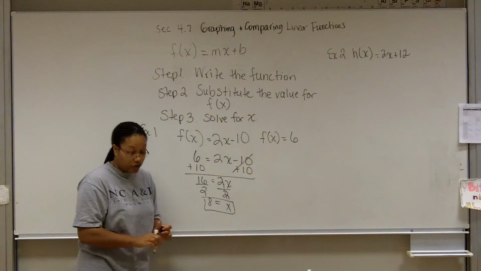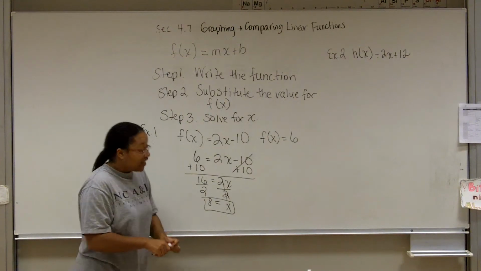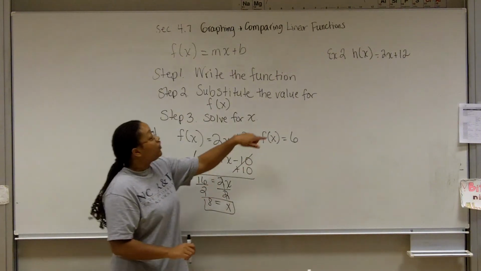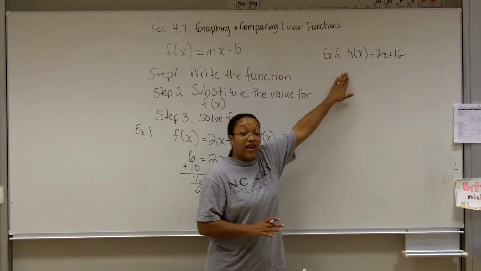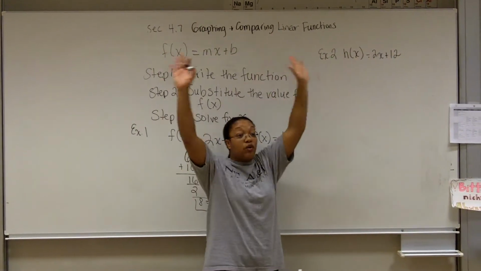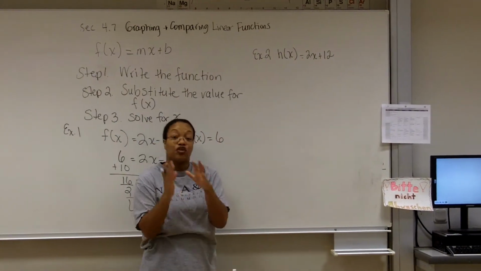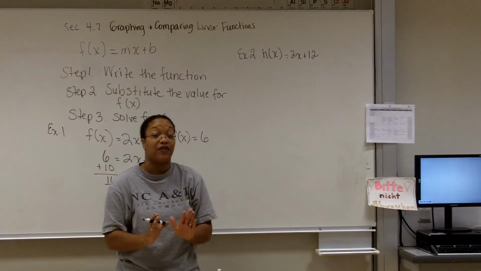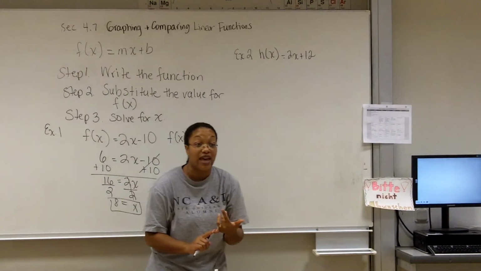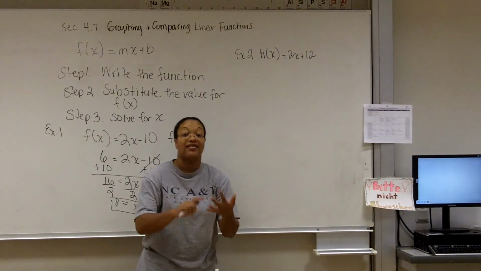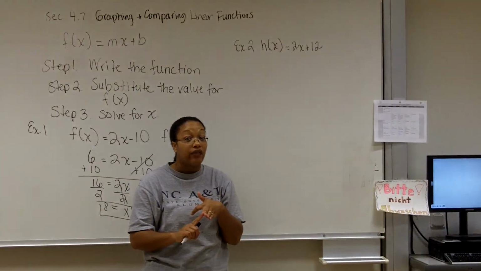Now look at your example 2. Instead of f of x, I changed your function to h of x. Now, did I totally rock your world? I shouldn't have, because you're going to find out that your functions can have any name that they want to give it. It can be an f of x, h of x, g of x.